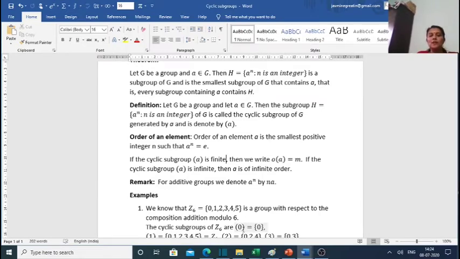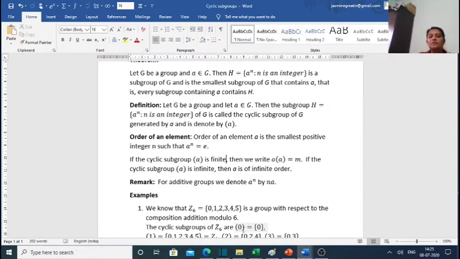The order of an element a is the smallest positive integer n such that a raised to n equals e. If the cyclic group a is finite, then we write order of a equal to m. If the cyclic group a is infinite, then a is of infinite order.